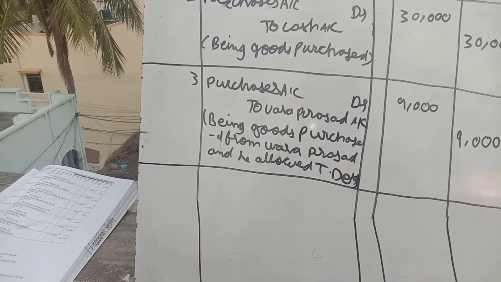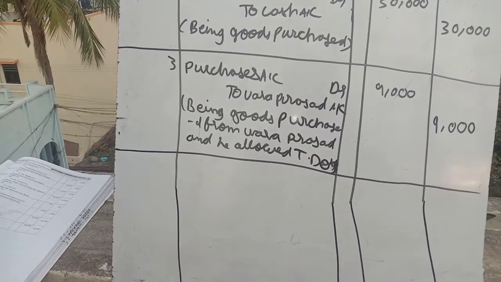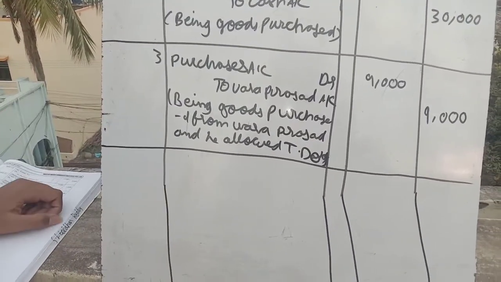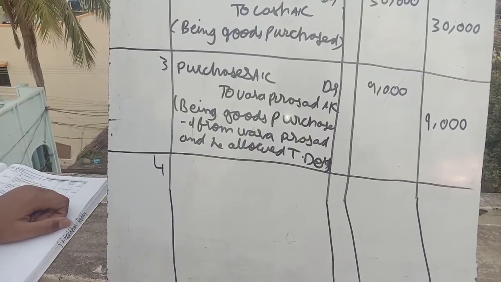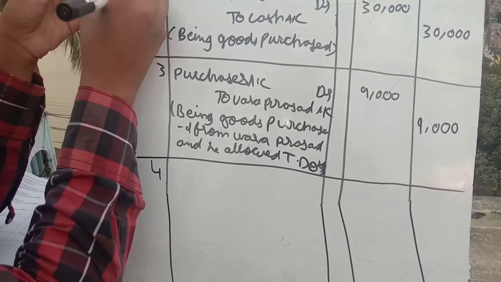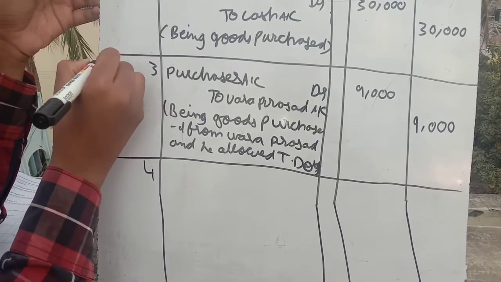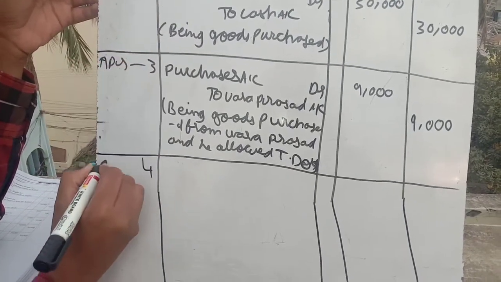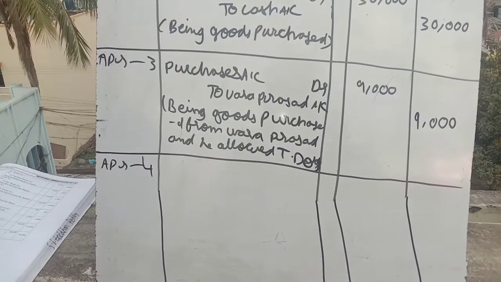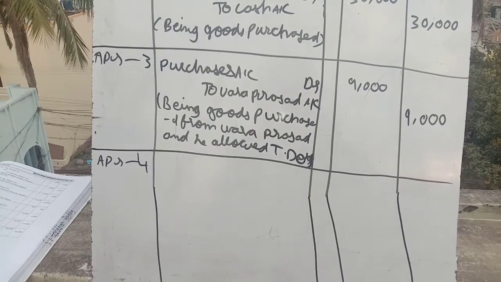Purchase returns to Uma Maheshwar Rao. So here Uma Maheshwar Rao is receiving the goods that we are returning. So the date is 4th April. The date is 4th. Purchase returns to Uma Maheshwar Rao.